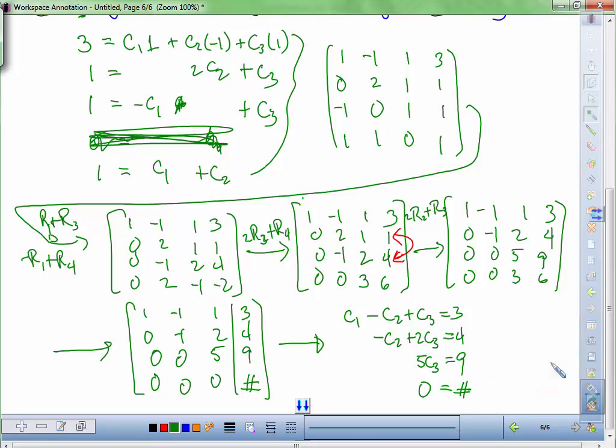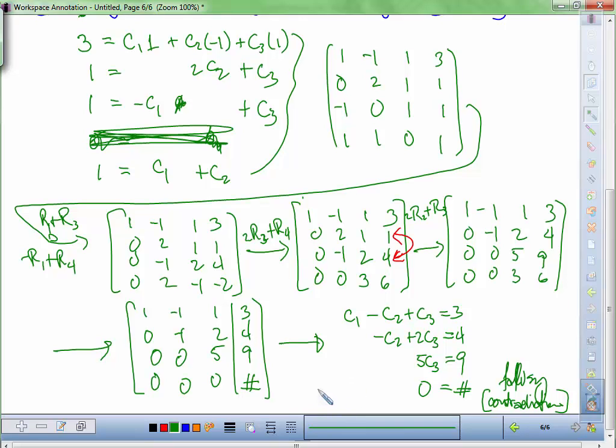What's a false statement called? A what? Contradiction. That'll work. Although, fallacy, yeah. The fact that we got something that's not true at the end of this means that there's no solution.